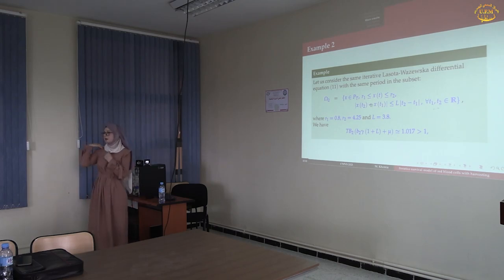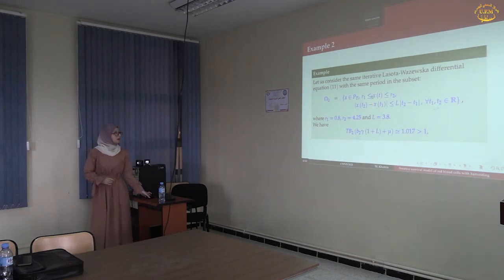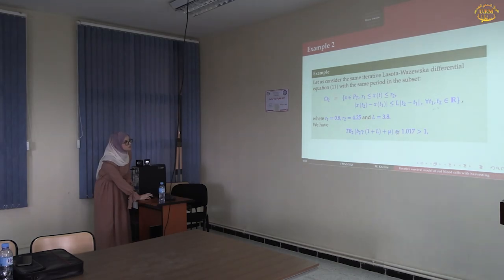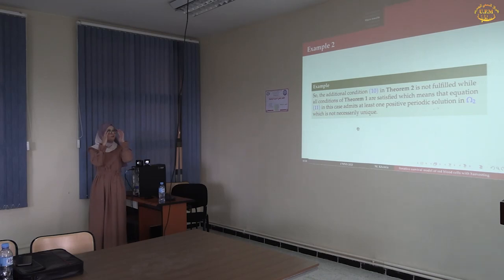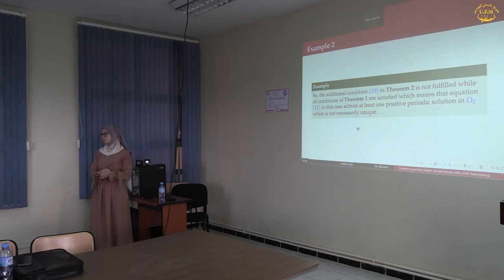Here, we can easily verify that the aforementioned conditions of the existence theorem are satisfied. However, the additional condition in theorem 2 is not satisfied, which means that equation 11 has at least one positive periodic solution that belongs to omega 2, which is not necessarily unique.